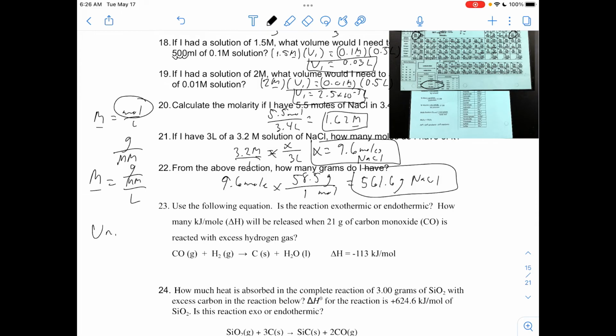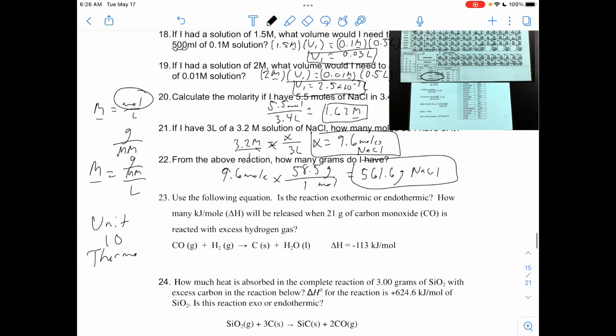Okay, moving on to Unit 10. This is thermodynamics. We're looking at exothermic and endothermic. If you look at this reaction, we can see that delta H is negative, which means it's exo. Another way to tell is if there's the word heat in the products, then it's exothermic.